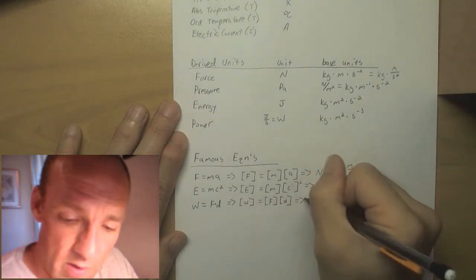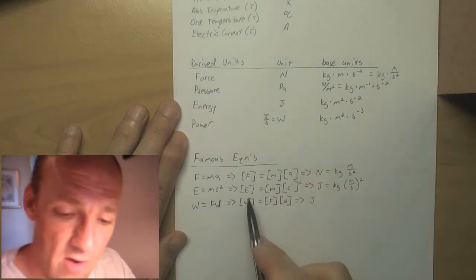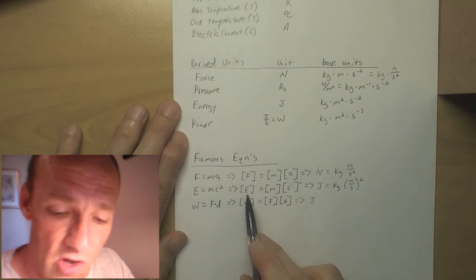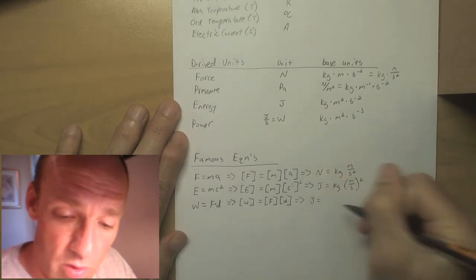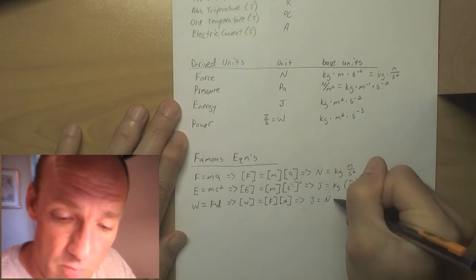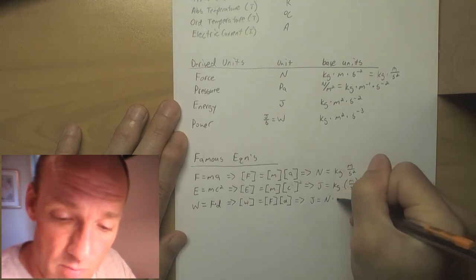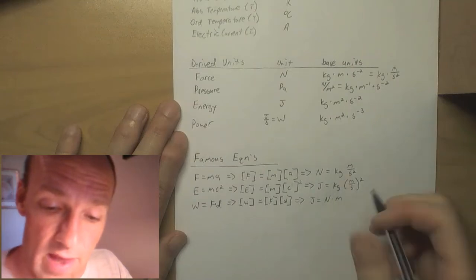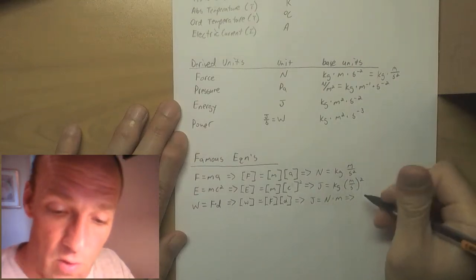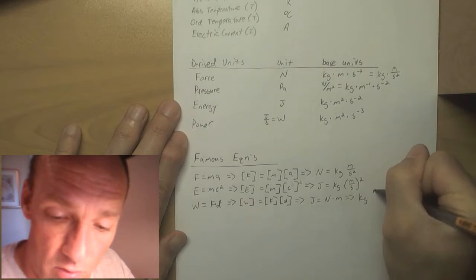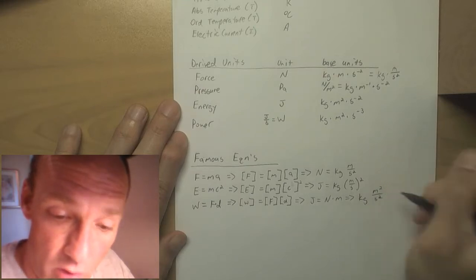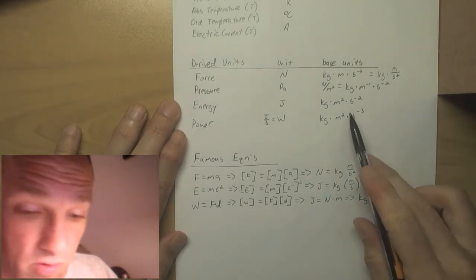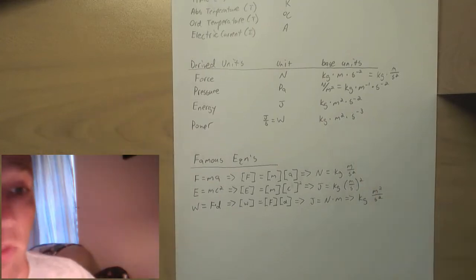So work has the same units as energy, and so that's got to be equal to newtons times meters. And then you can break that down again, using this up here. So you got kilograms meters squared per second squared, which is again basically the same thing I wrote right there.